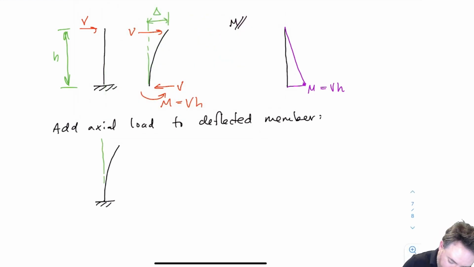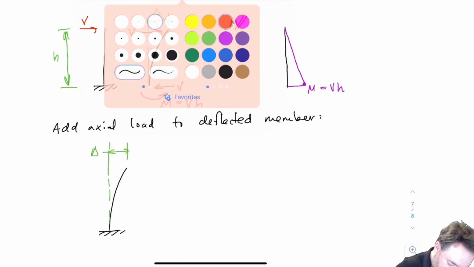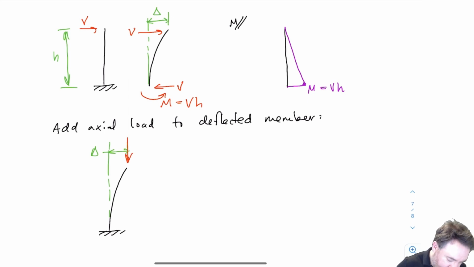I'm just going to look at there being a deflection. Okay, so there's my delta, and I'm going to say, let's say it just starts deflected. I don't care right now how it got to that deflection. Maybe the member's just curved to start with, and I'm applying a load P.